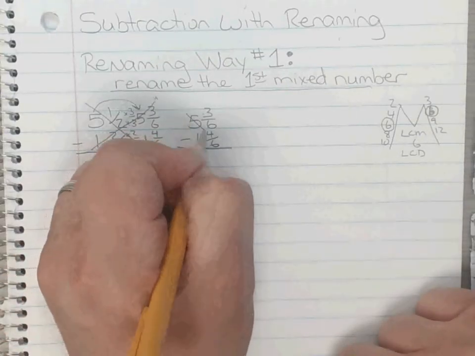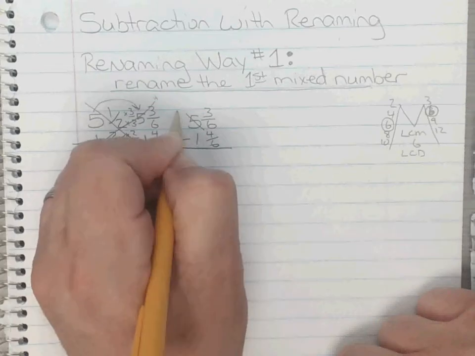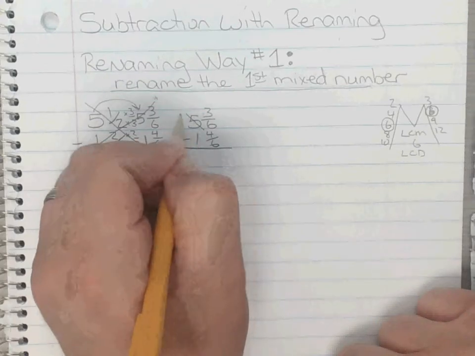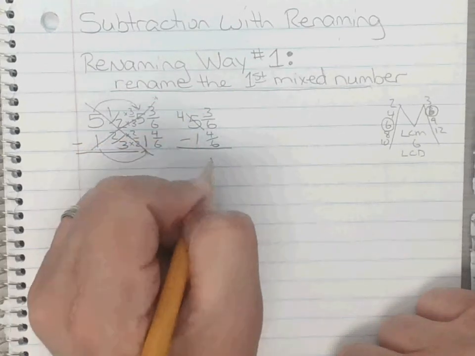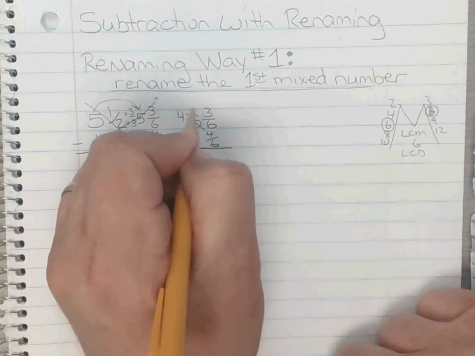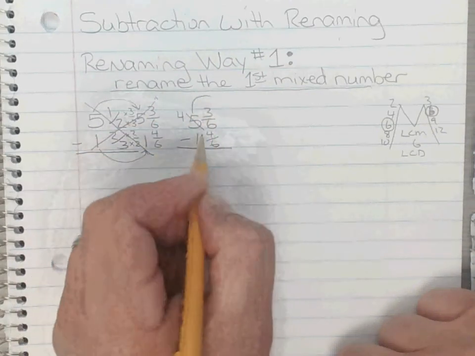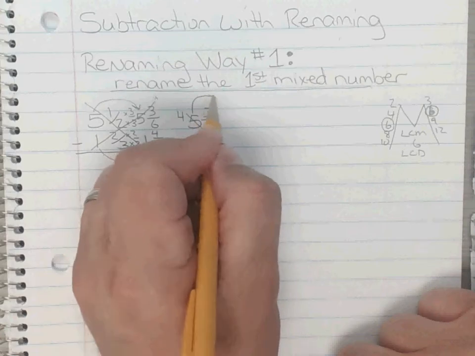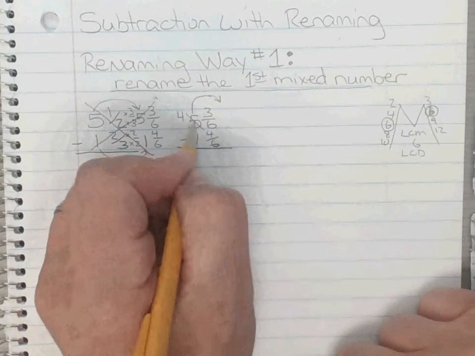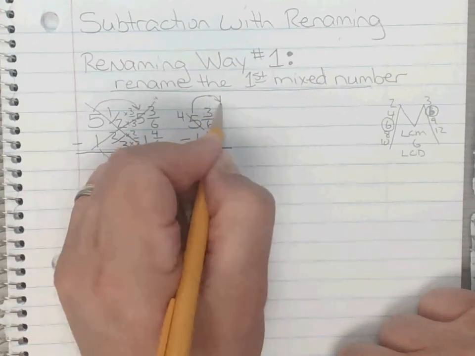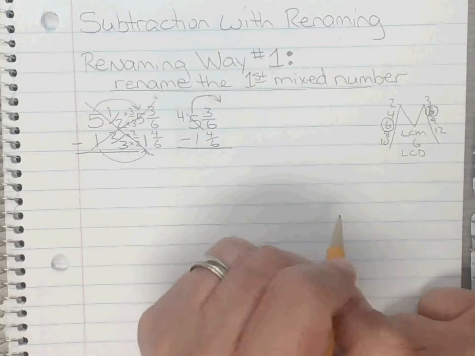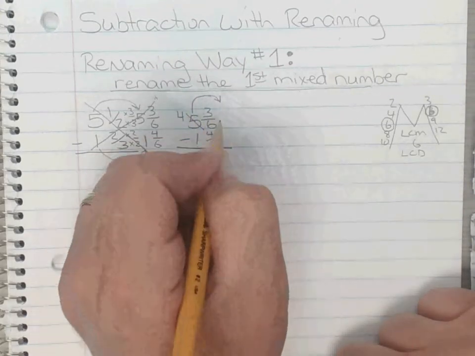I can come over to my whole number, and I can take a 1 away, and that's going to leave me with 4. Now, as I bring that 1 over, because remember, I want this number to be bigger, I have to turn it into a fraction. But it's still going to be 1.